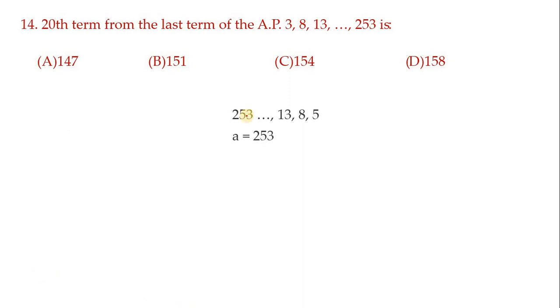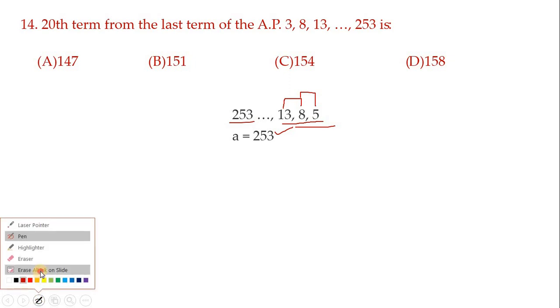So A value is 253. First term is always A. But how to find D? Second term is not there. If the second term is not there, it's not a problem at all. Here 3 terms are given, no. So how to find D? Difference of a number and its preceding number. So from 8 you subtract 13, or from 3 you subtract 8.